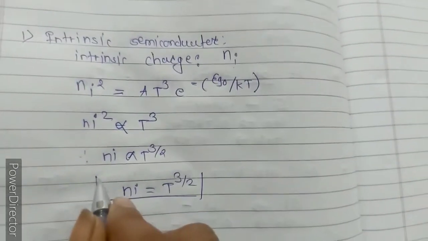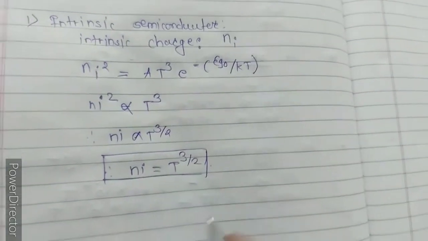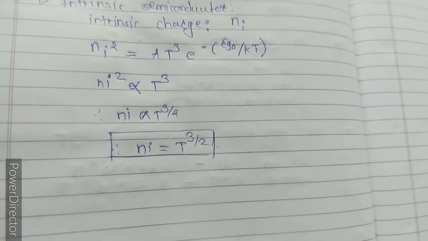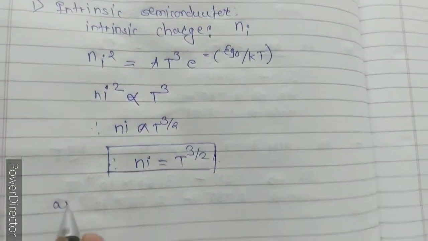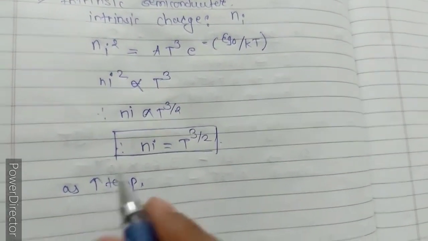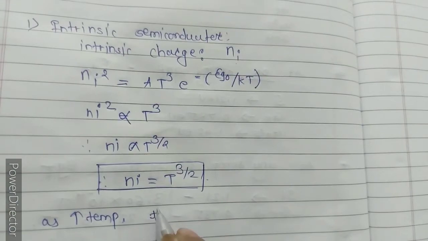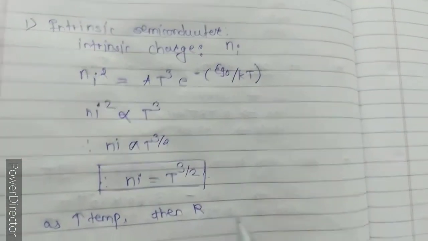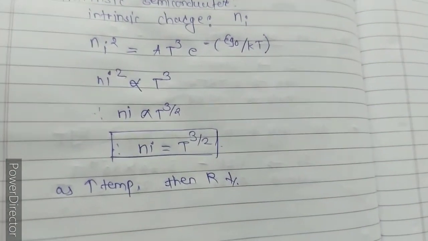This is the relation between the intrinsic charge and temperature. As the temperature increases, the resistance of that material will decrease.